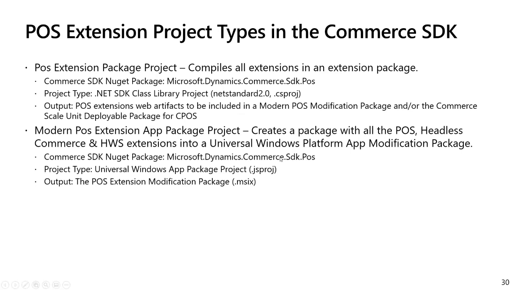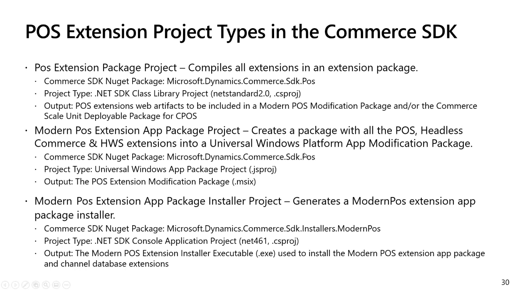And then the last project involved in modern POS development is the app package installer project. This is the project type that generates the executable to install modern POS, and that's the sealed installers that Magunthan ran through a little bit earlier.